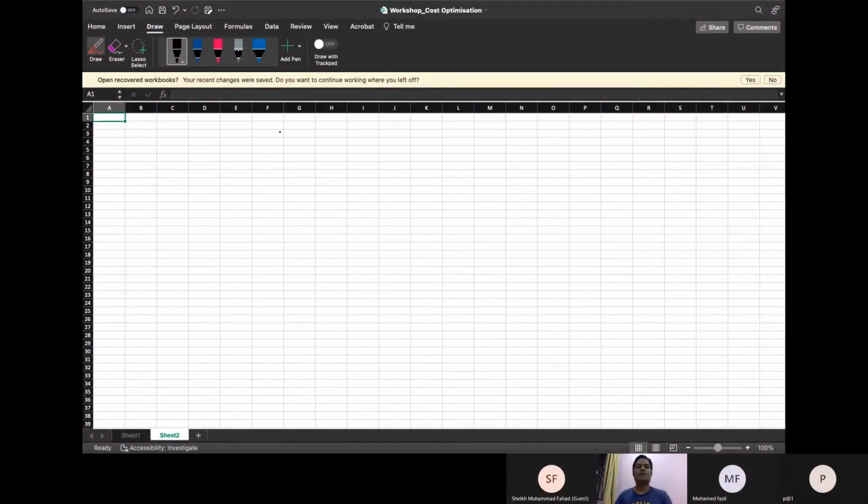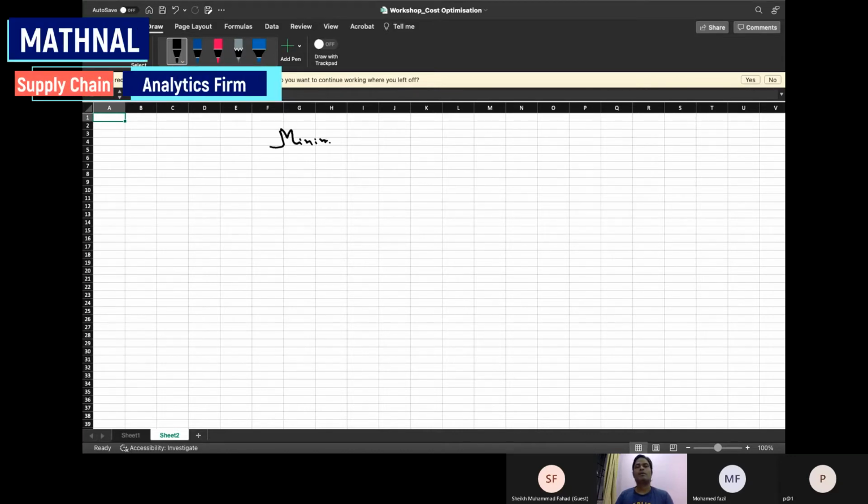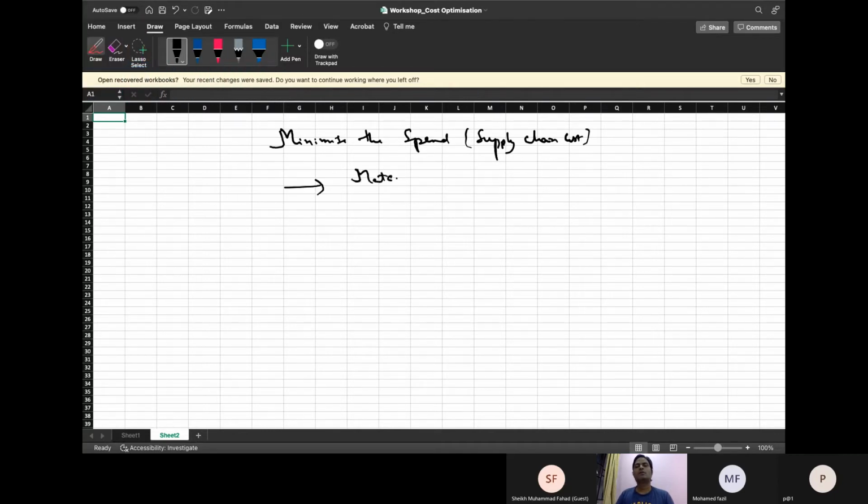So we are trying to minimize the supply chain spend, or supply chain cost. And how many parameters are we using? Material cost and transport cost.